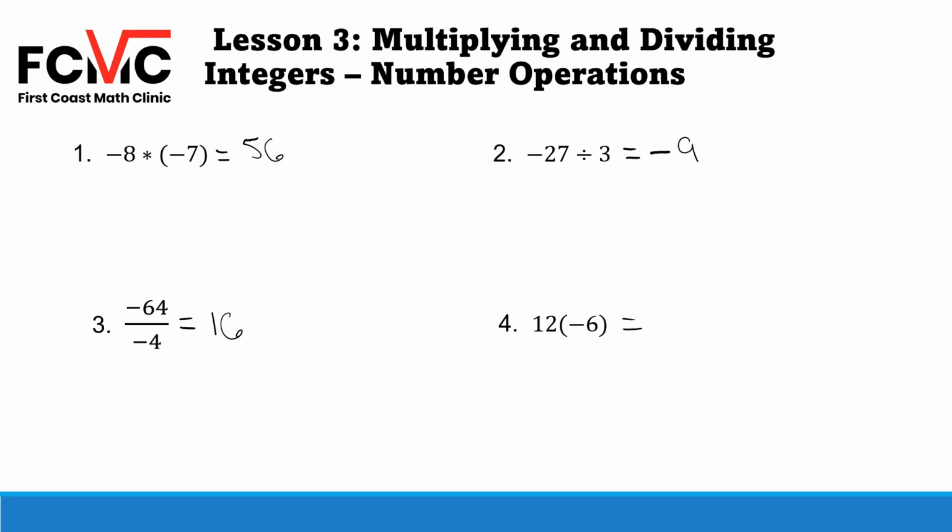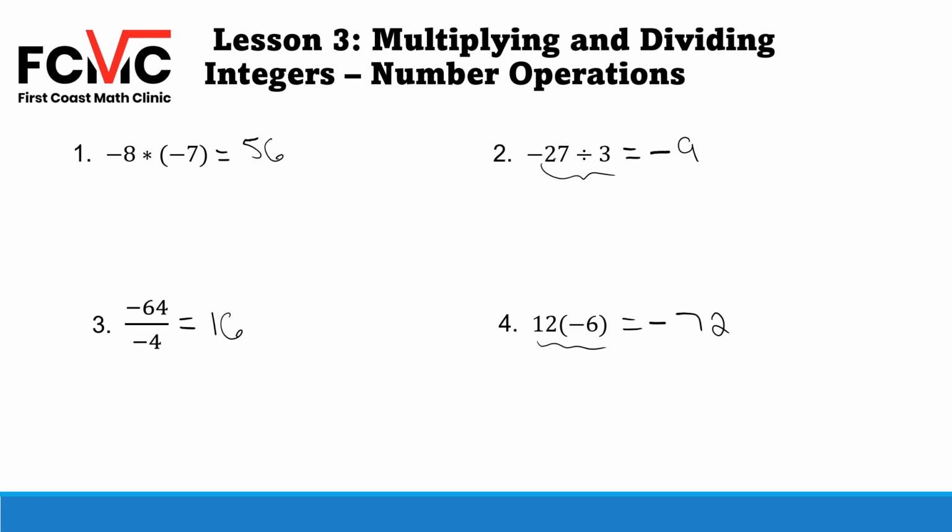So we've got a positive times a negative, which is going to give us a negative, and 6 times 12 is going to give us 72. So we're making our work a little bit easier just by figuring out what the signs should be before we do any math, right? So we see a positive times a negative, we know our answer is going to be a negative, and a negative divided by a positive, we know the sign of our answer should be a negative.